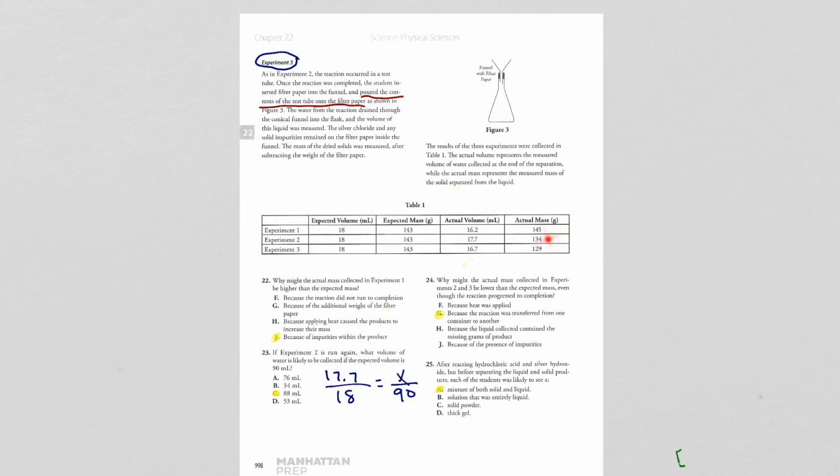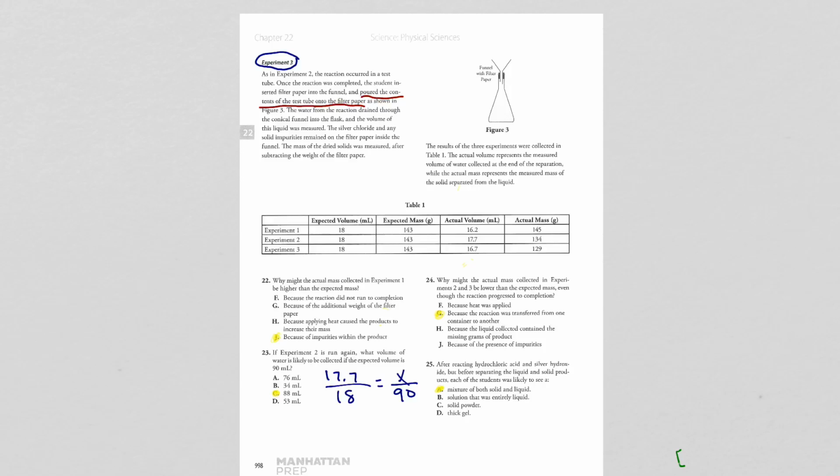In the second experiment the actual mass was 134 compared to the expected 143, so it was less. And then in the third experiment the actual mass was also less. So the majority means 2 out of the 3. So that's why our answer works there.